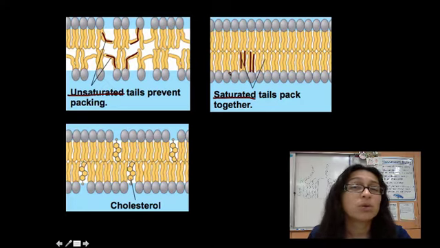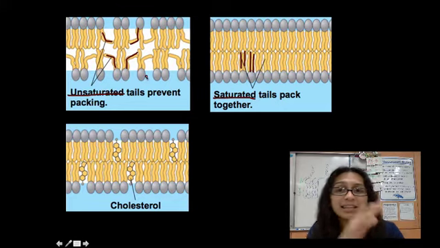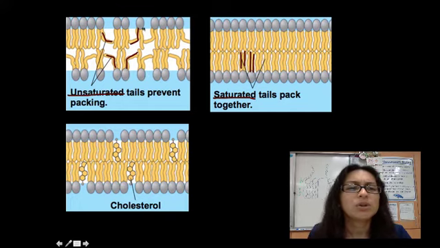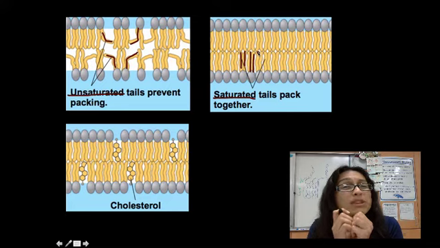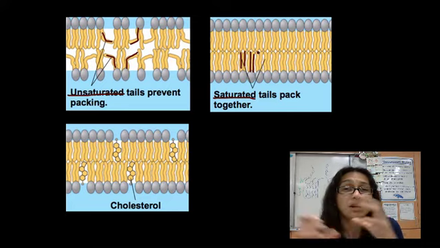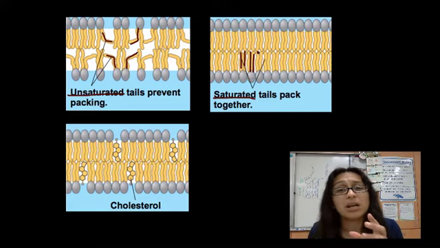So for example, an organism that lives in a really hot environment, heat causes things to move around more. So what you're going to see is organisms that live in very hot or warm environments have more saturated fatty acid tails that make up their cell membrane, because you want the cell membrane to be more compact so it doesn't move around and open up as much.